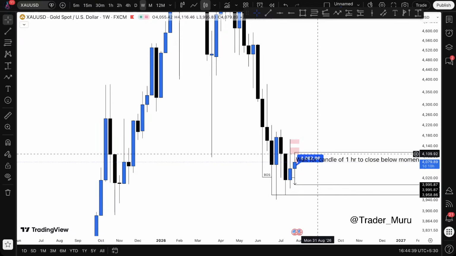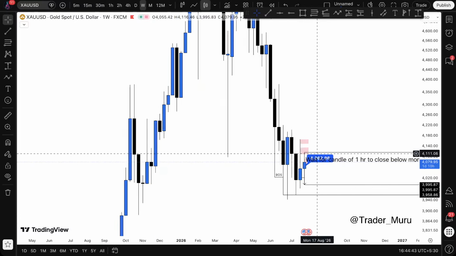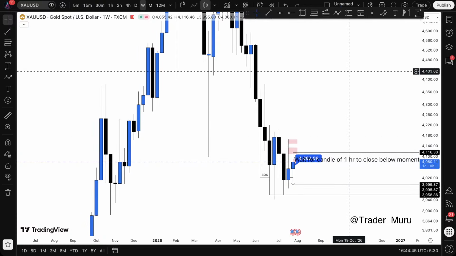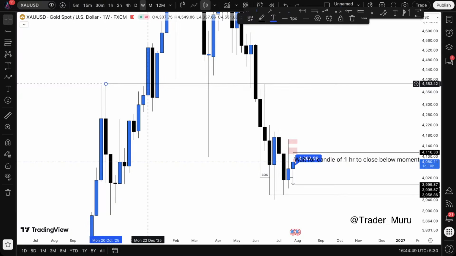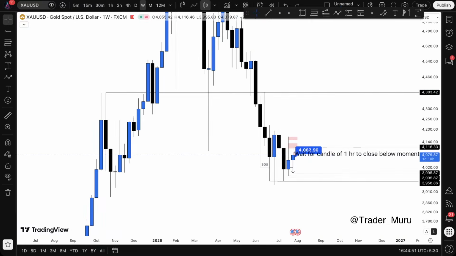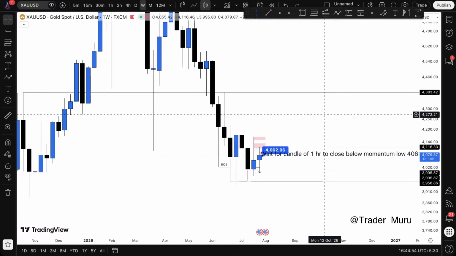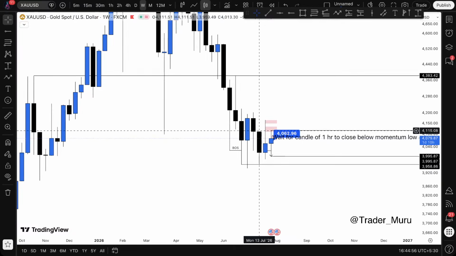If we have a weekly candle closing above 4112, then we will have a little bit of bullish momentum till this high. Before this, I'm not bullish in gold. I will watch for short only.